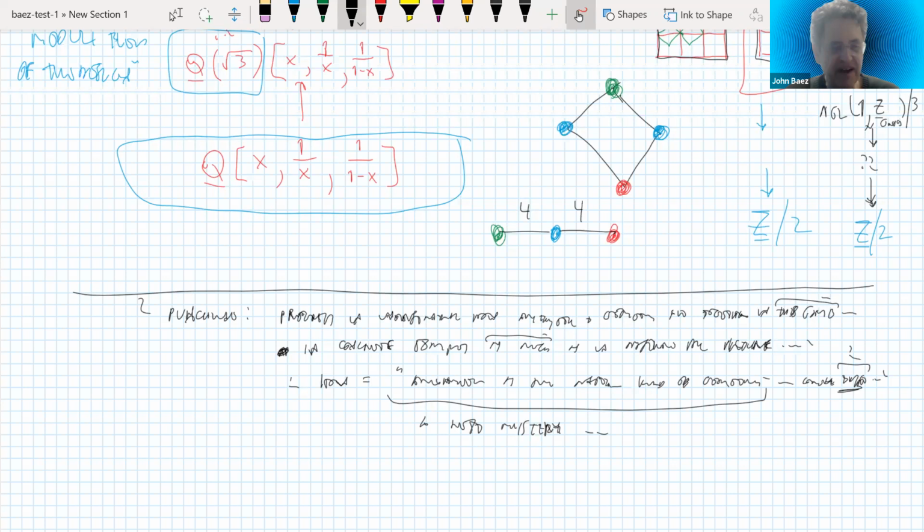Like you could say, okay, I've got this bottom field here, Q adjoin X, 1 over X, 1 over 1 minus X, and I throw in the square root of 3. Now I can put in a new variable that obeys a polynomial equation that involves the square root of 3. There are lots of polynomials like that you could try.